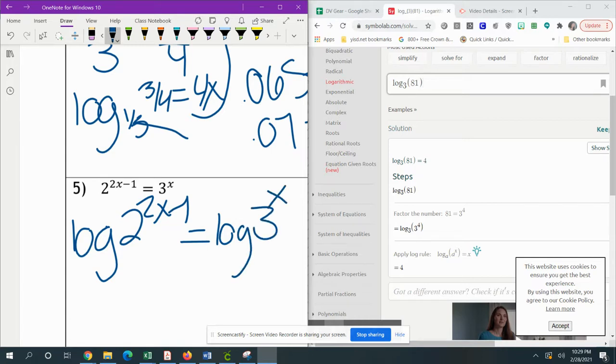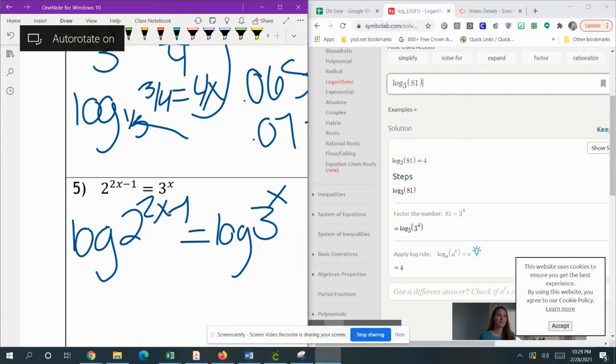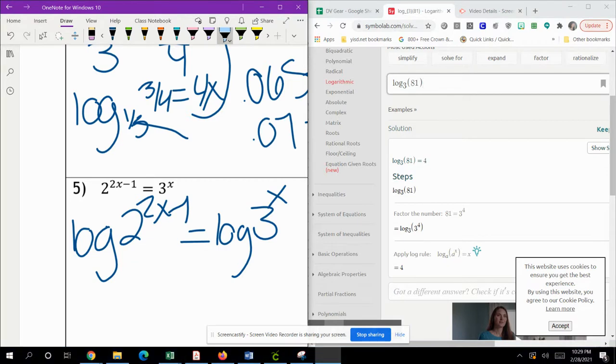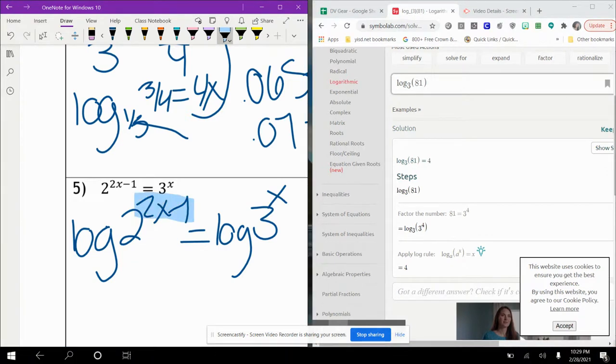So remember the rule: when you have a logarithm and it doesn't have a base, you're going to assume that it is 10. Now, there is another rule where whenever you have an exponent, instead of writing it there, you write it in the front.